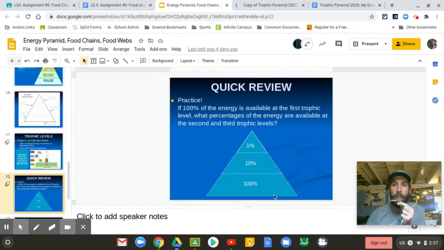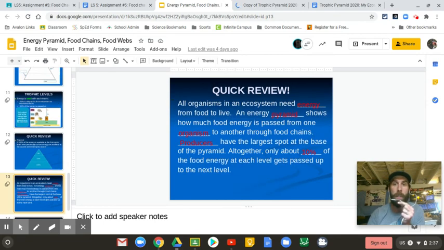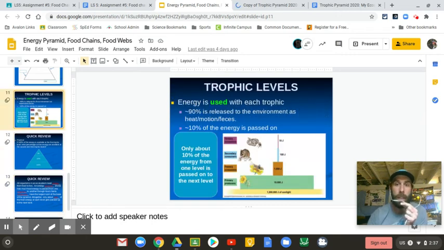The reason that it loses energy as it goes up is that, here, let's go back here. This plant actually does stuff with its energy, and this grasshopper does stuff with its energy. By doing stuff, these organisms are consuming that energy themselves. Okay? They release that energy as heat.